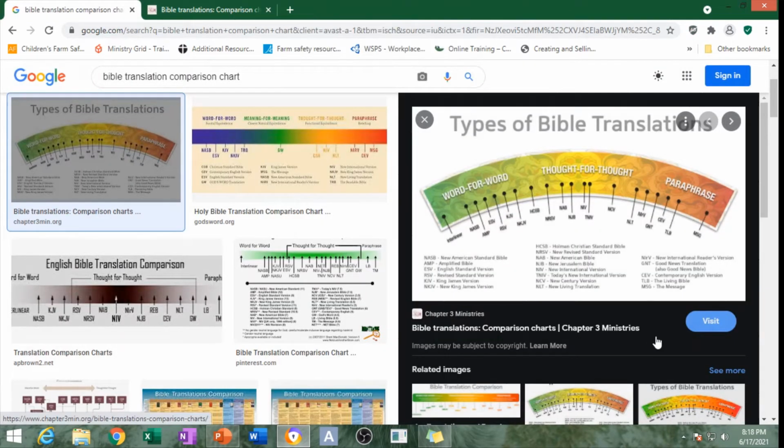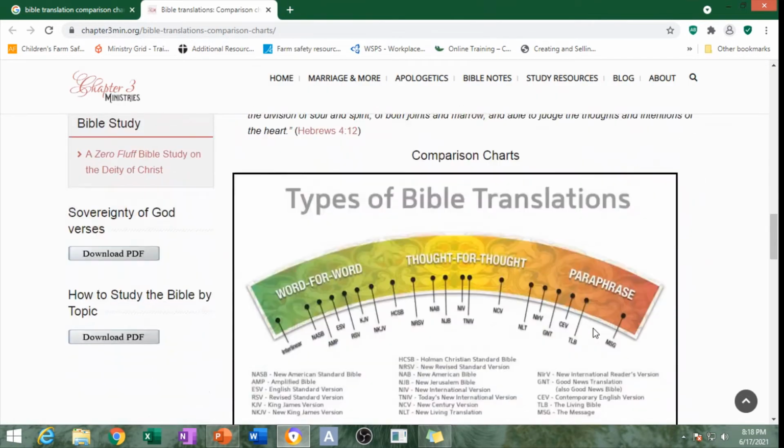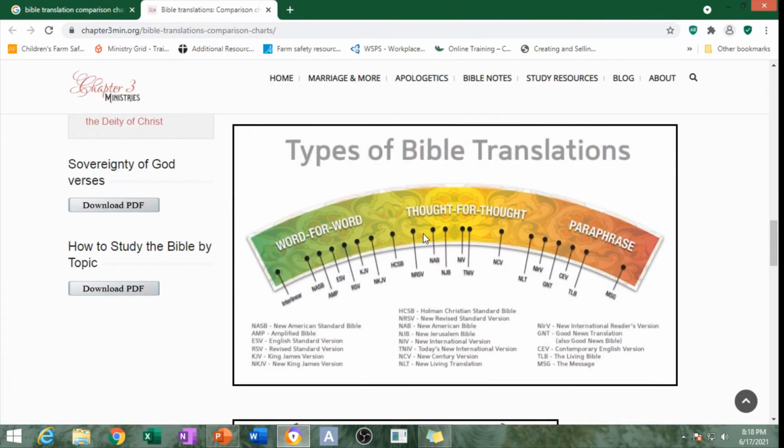Here, I just want to show you guys the picture. Here we go. It explains that there's a spectrum where Bible translations fall.